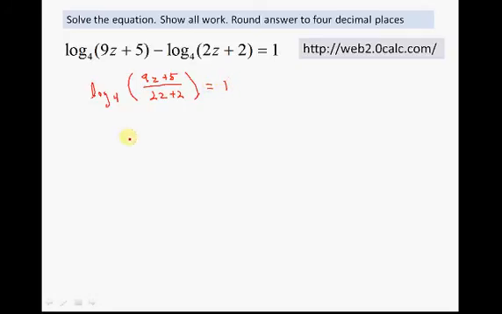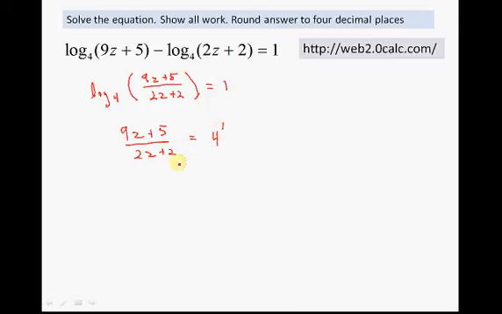Now we can use the definition of logarithm and say 9z plus 5 divided by 2z plus 2 equals 4 to the first power.